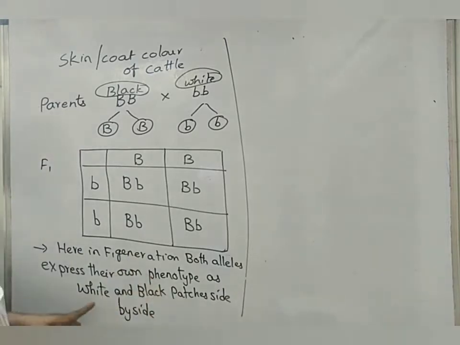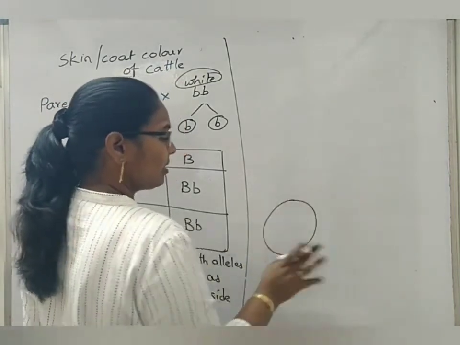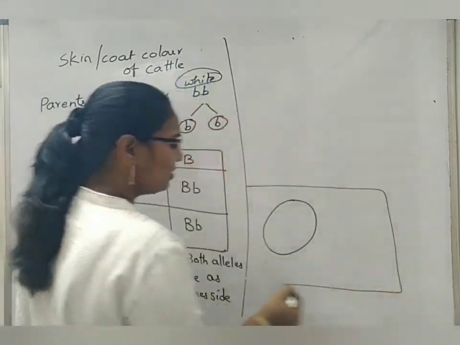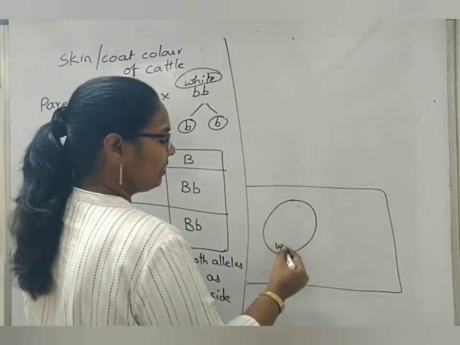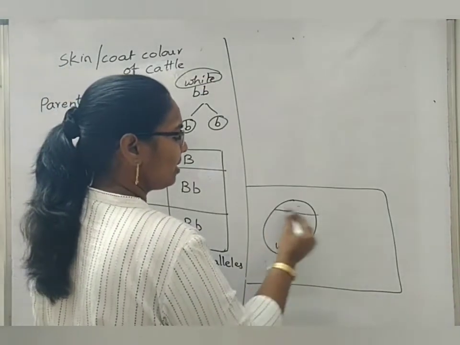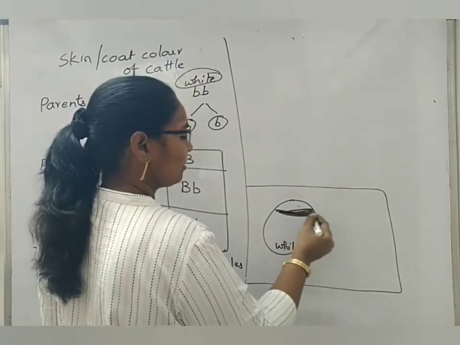If you want to see this in a diagrammatic view, think that this is an area of the cattle skin. This is the white color, and it will have some black color patches here and there, like this.